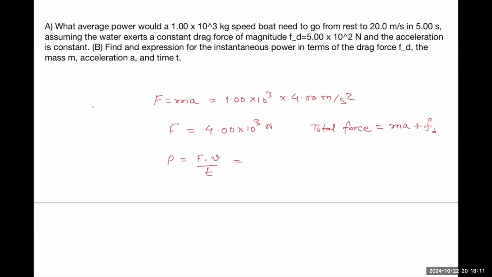So mass times acceleration is this, right? Yeah, that's what I did. So 4.00 times 10 to the 3 plus 5.00 times 10 to the 2 Newton.